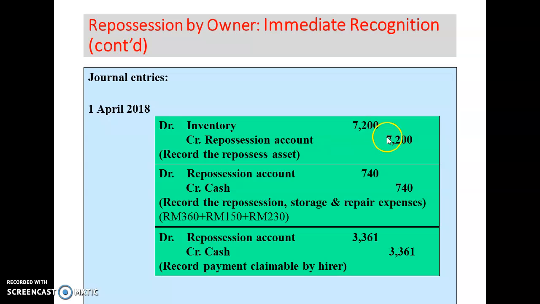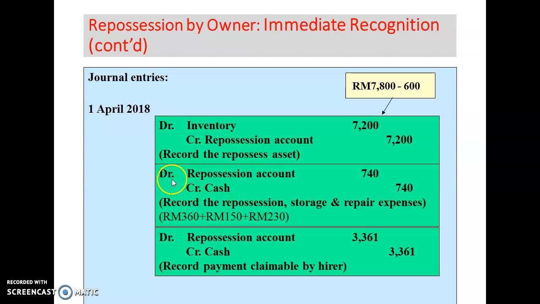So debit inventory at 7,800, which is the fair value of this asset on repossession date. But since we have selling cost of 600, make sure you deduct it first. 7,800 fair value minus selling cost, so 7,200, to record the repossessed goods into the business.